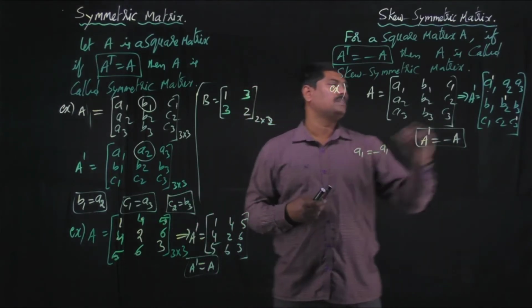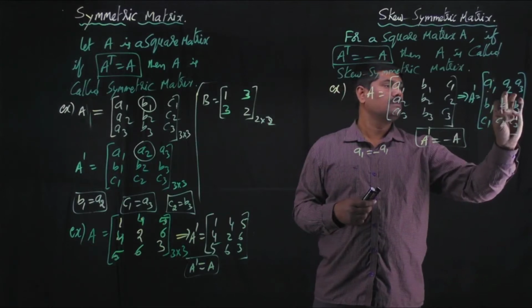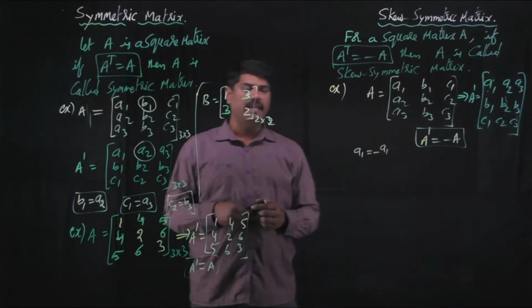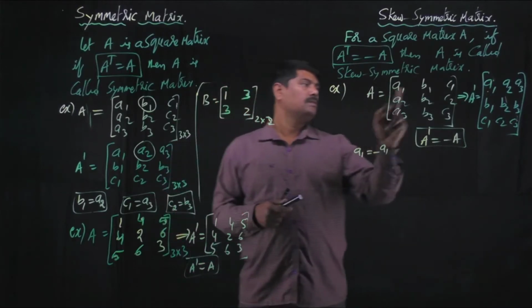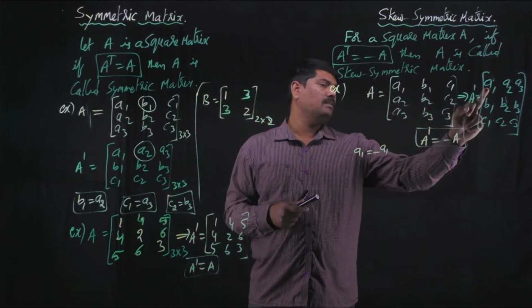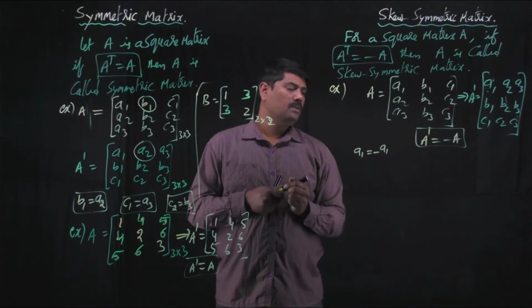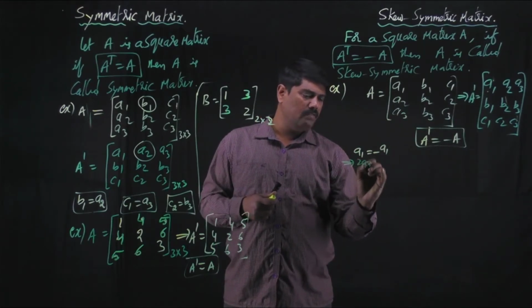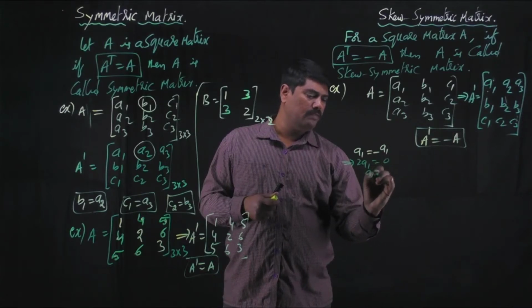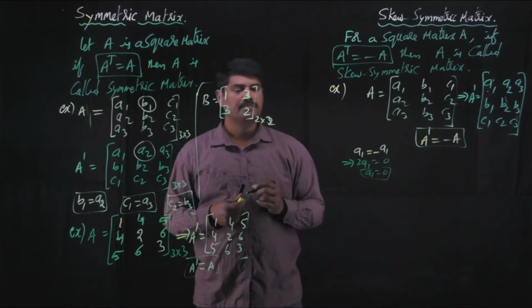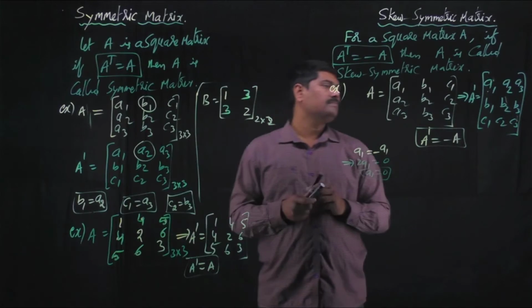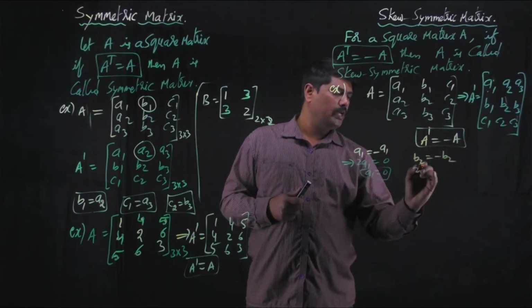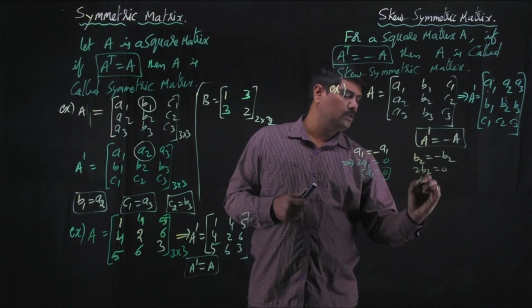No need to consider transpose here. Consider the same elements. A1 is equal to minus A1. What happens? A1 is equal to minus A1 implies 2A1 is equal to 0. So you have A1 is equal to 0. In the same manner, B2 has to be equal to minus B2, so you have 2B2 is equal to 0, B2 is equal to 0.